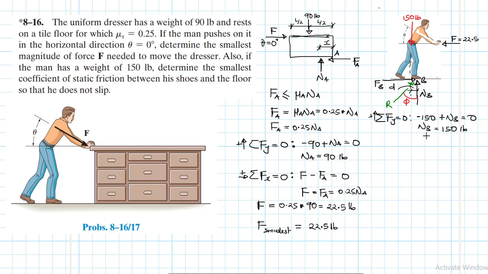And then we have summation of forces in the x direction. We have FB minus 22.5 equal to 0. Therefore, our FB is going to be equal to 22.5 pounds.